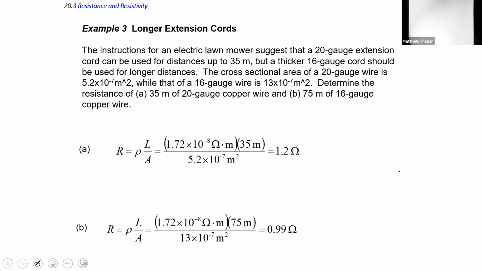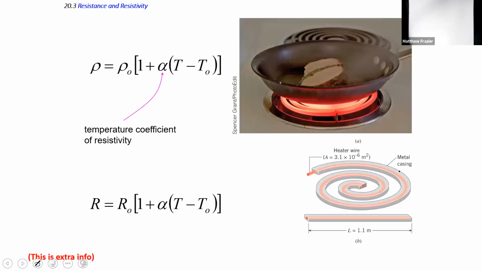So this is extra, not anything you need to know, but generally what's going on, this is the relationship between thermal conductors and electrical conductors. The particles that are moving in the conductor are generally the electrons. So a thermal conductor can conduct heat easily because the particles are moving around.